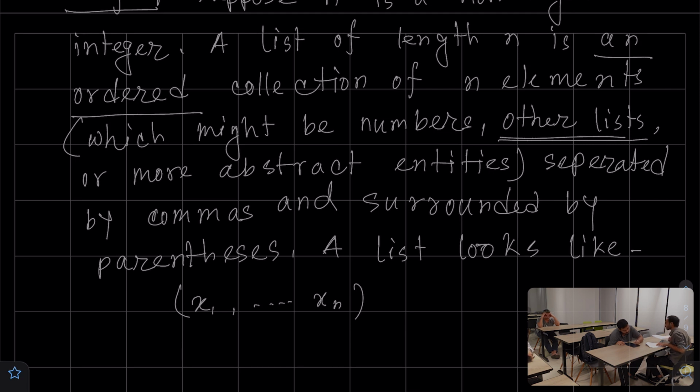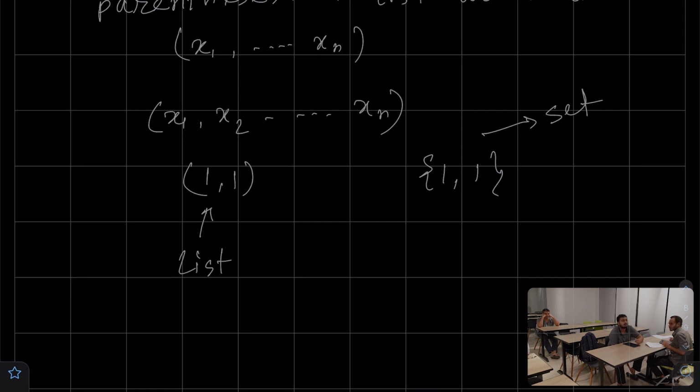This is very important. An ordered collection of n elements. Can you tell me what is the difference between x1, x2, dot dot, xn, or just consider 1 comma 1 and 1 comma 1? This is a set and this is a list, right?